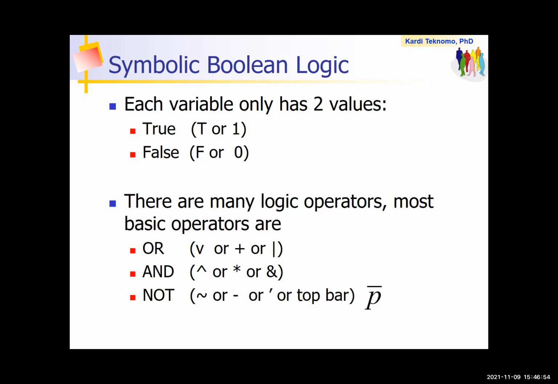For and, usually I use a reversed V, but this time you can use multiply, or an ampersand. For not I can use tilde, minus, apostrophe or top bar. There are many ways to represent the same thing. Which one you want to use is up to you, I don't mind.